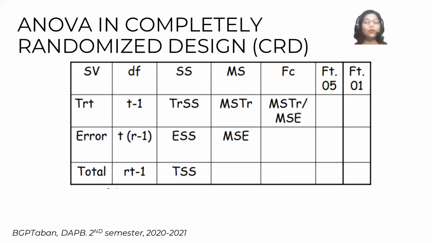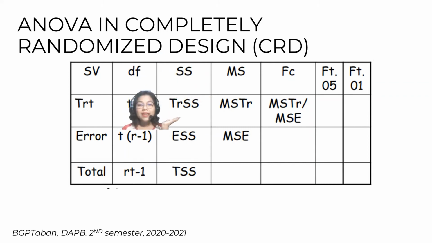Treatment, error, total. To get the DF: for the treatment, T minus 1. For the error, T times (R minus 1), or treatment multiplied by replication minus 1. For the total, replication times treatment minus 1.